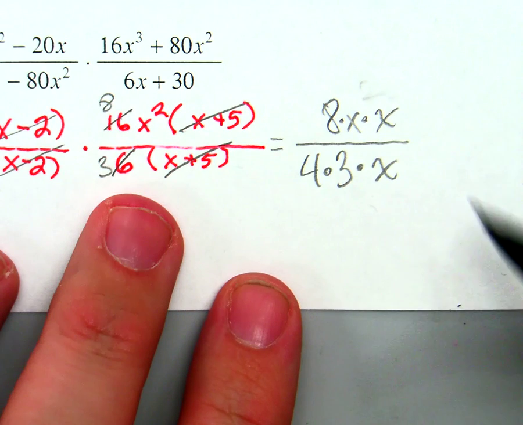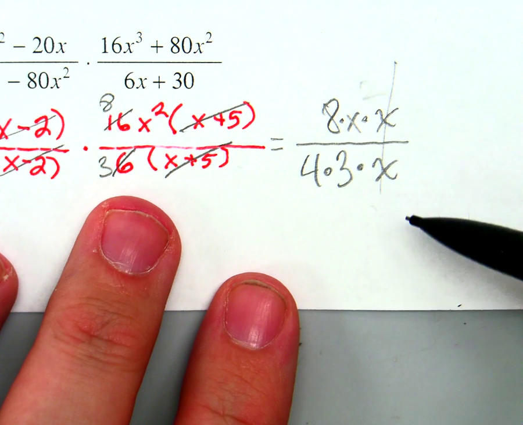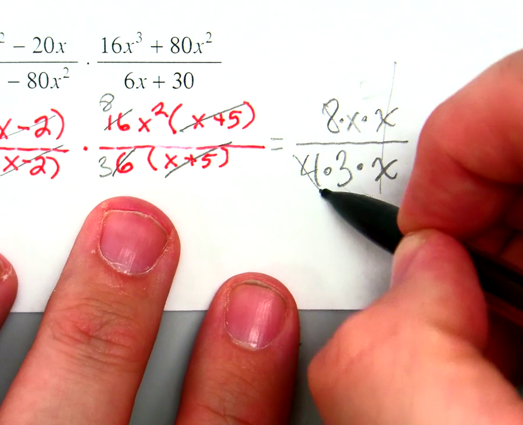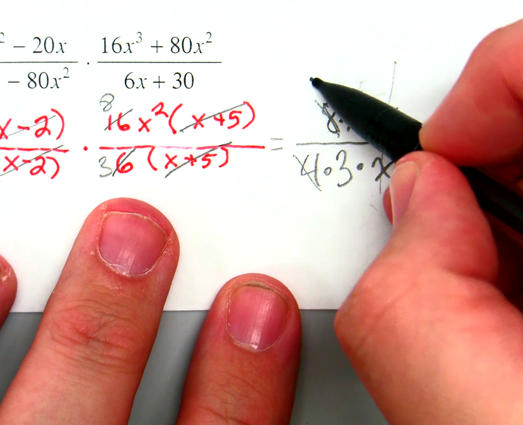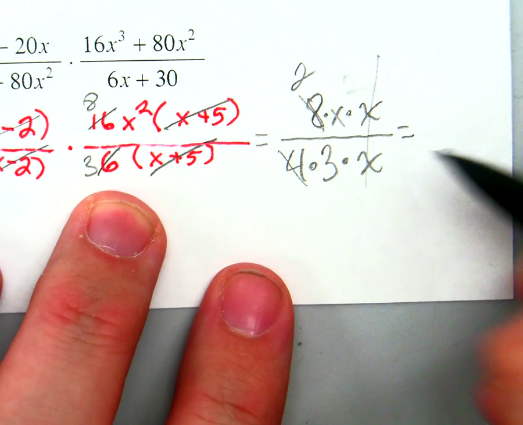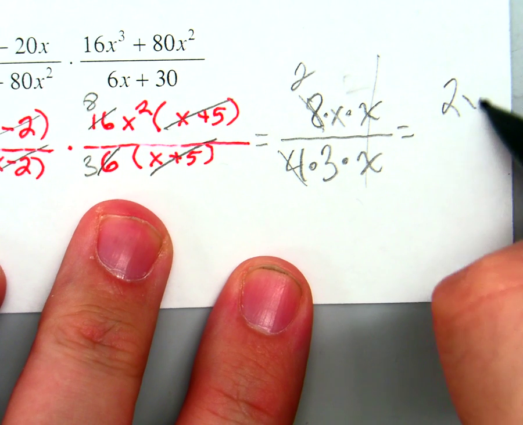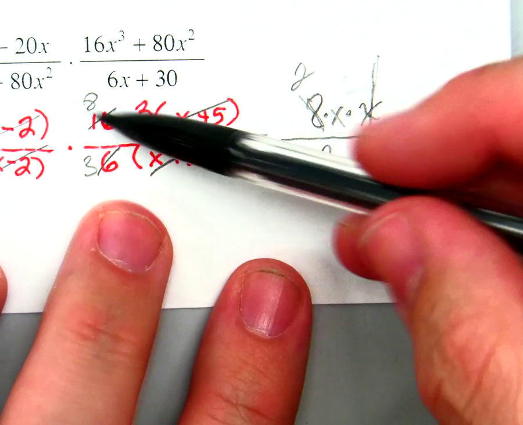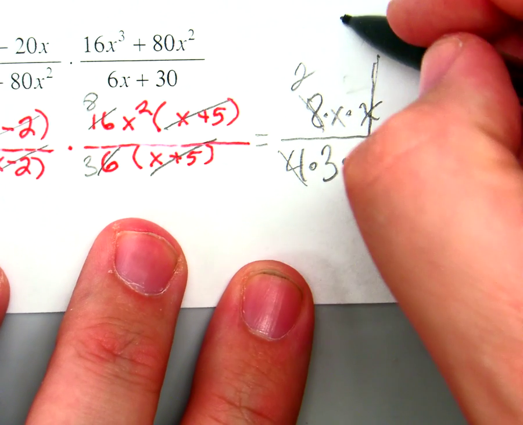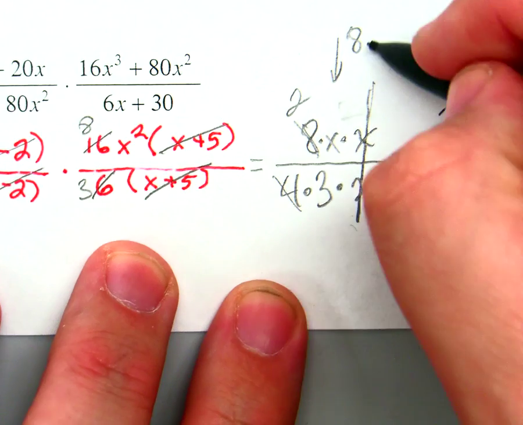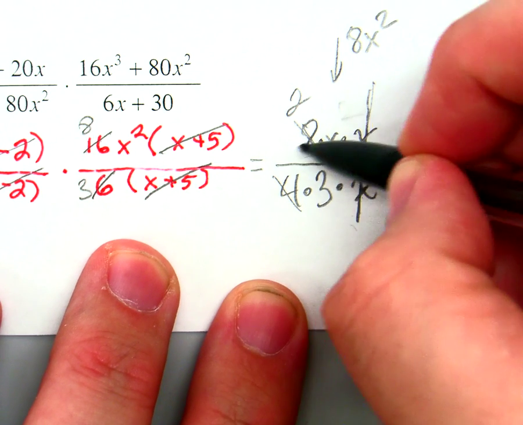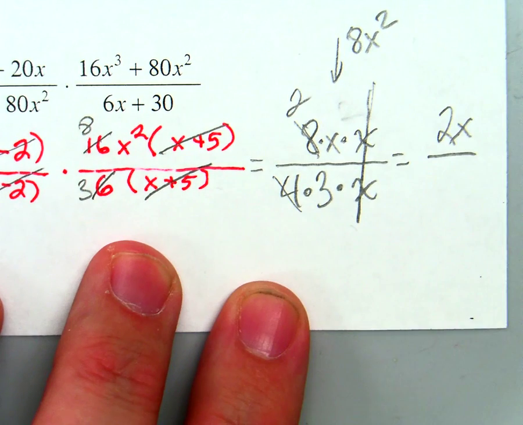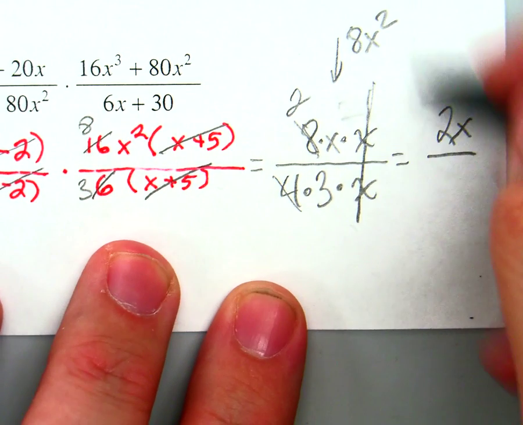So I can divide out those two x's. 4 into 8 how many times? 2. So I'll get 2x, because it was 8x squared, and I just broke it up as 8 times x times x, so it'd be easier to divide out. So you get 2x over 3.